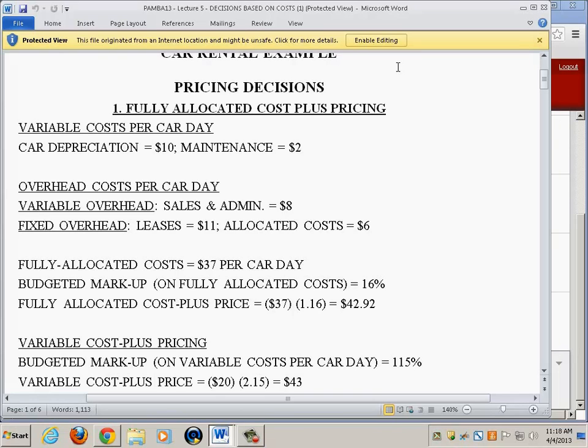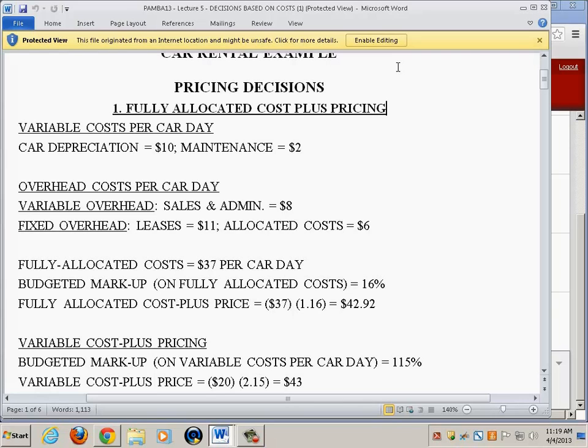You start with the costs, all the costs, which are fully allocated to the product or the service that you price. And that, of course, will include all the direct costs, indirect costs, variable costs, fixed costs. And you sum up all these unit costs, and you get a total fully allocated cost per unit.